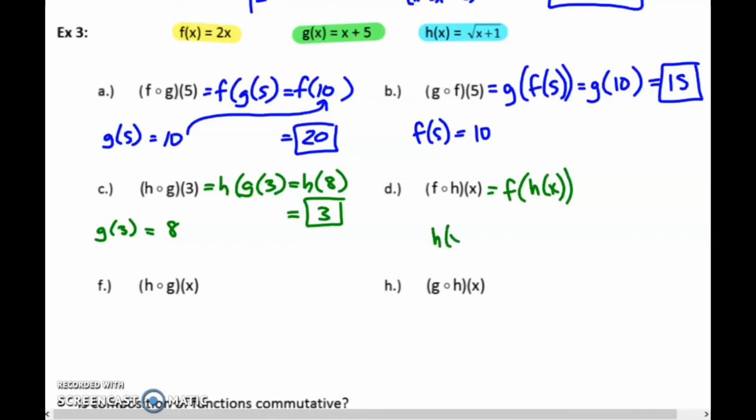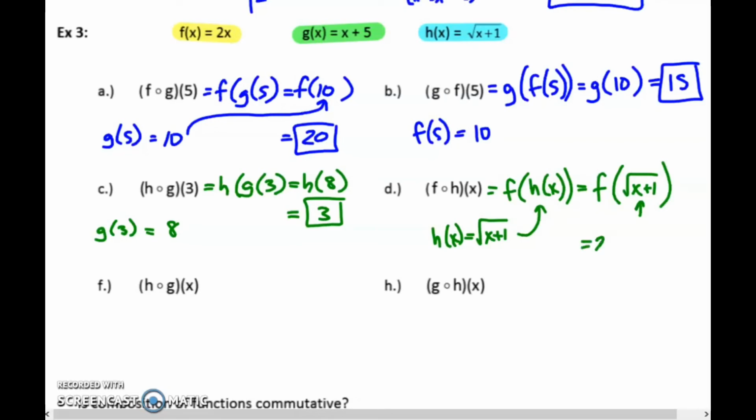Well, h of x is just square root of x plus 1. So what I need to do is take that and plug it in here. So this is going to be f of square root of x plus 1. Well, what does the f function tell us to do? Look up above, highlighted in yellow. The f function tells us to take 2 times the input. Remember, that's your input.